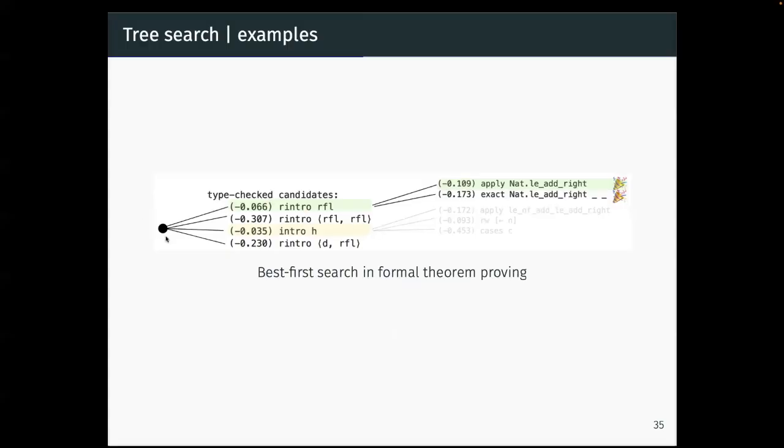You ask the language model to generate multiple candidates for the next step of the proof. Then you somehow come up with a score. This one had the best score, so it was explored. But then you can see that the model actually backtracked and then chose this one and ultimately got to a complete proof.